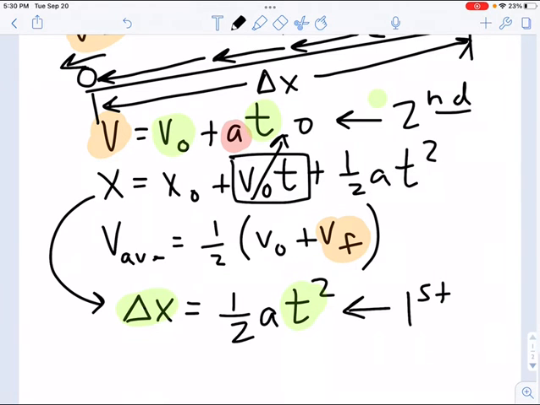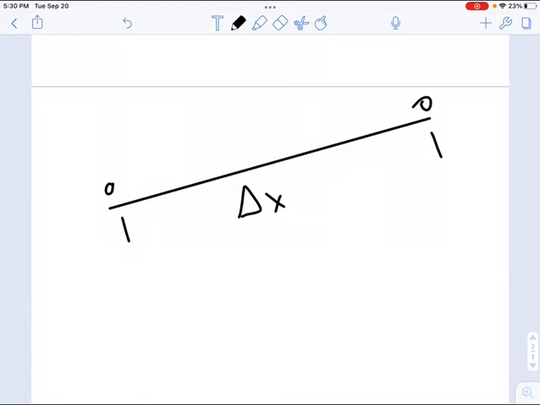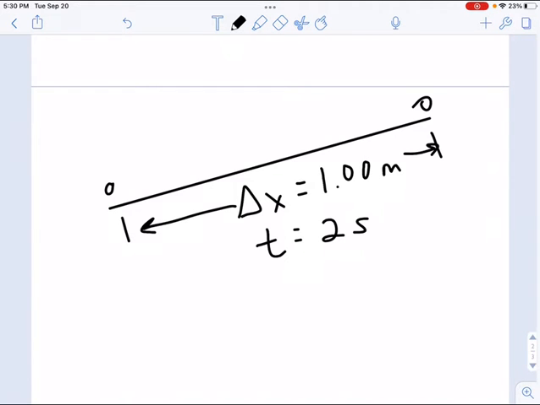So let's do an example calculation right now. Let's say the distance down the ramp, from v initial to v final, is exactly 1 meter, and the amount of time it takes to go down the ramp is 2 seconds.